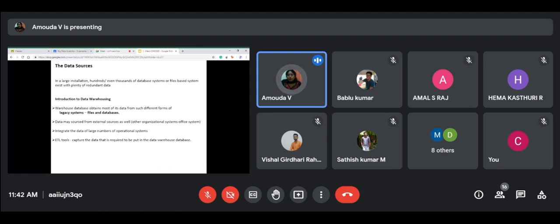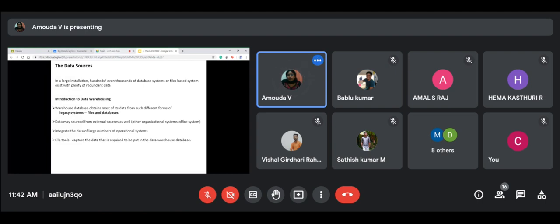For example, if you take from the office system, you cannot just use it like that, because office people may not know how to store the data. Different file systems they might have stored, and we have to extract the data. I'm using the word extract.